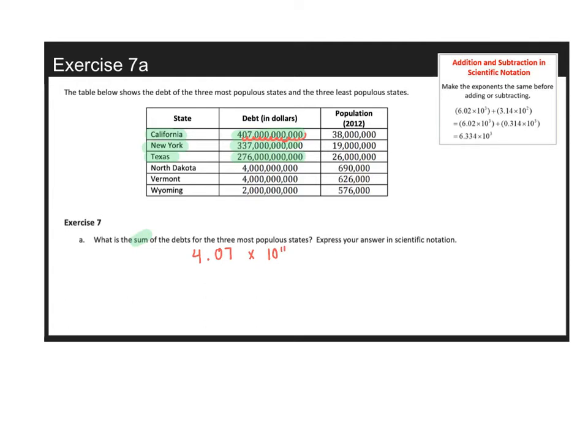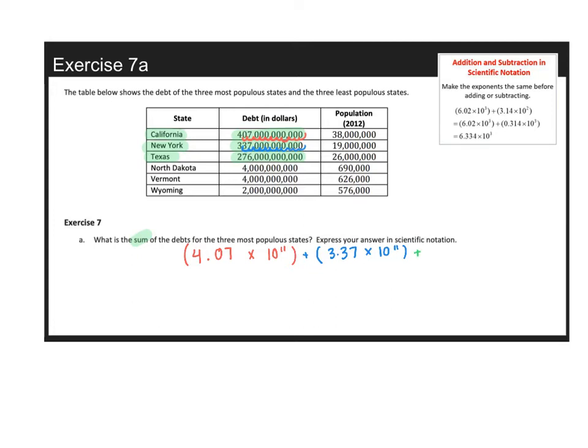Okay. Second one. So we're going to be adding that with our next number, 3.37 times 10 to the 1, 2, 3, 4, 5, 6, 7, 8, 9, 10, 11. 10 to the 11th.